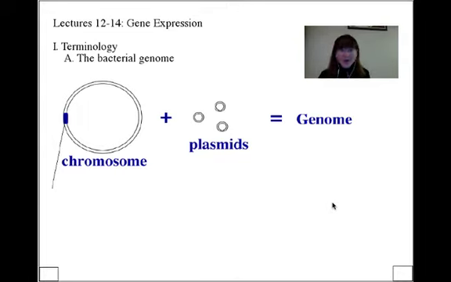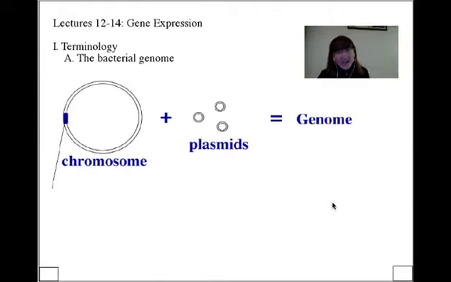But in order to be entirely accurate, we would want to incorporate the plasmids into that broader definition of what the genome of the cell is. Despite the fact that plasmids are not required for the survival of the cell, as we know, they can give it many incredible traits that may add to its superhero powers in many, many ways.